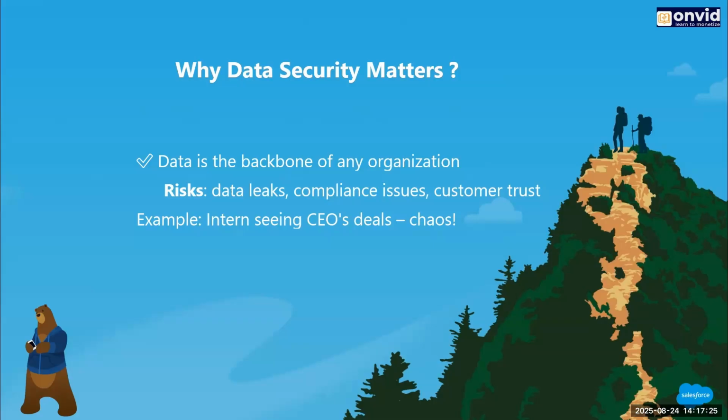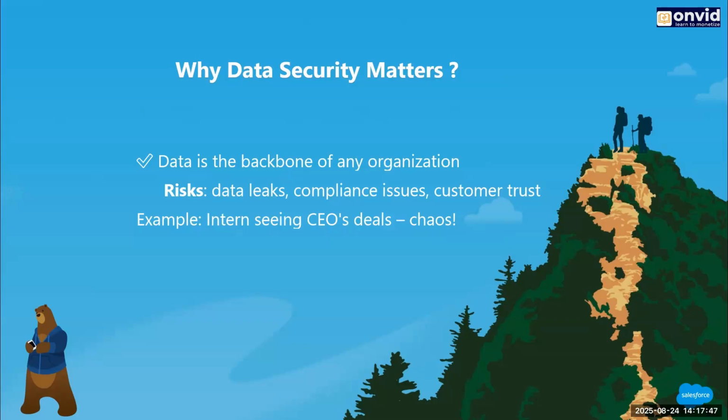So what is the risk? Data leaks, compliance issues, and loss of customer trust. Let's suppose in Salesforce there is an account with different fields, some really sensitive, like the amount field or customer ID field.